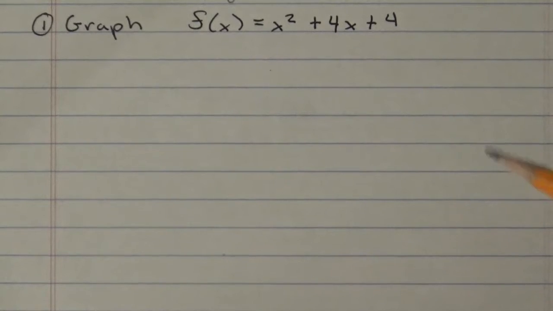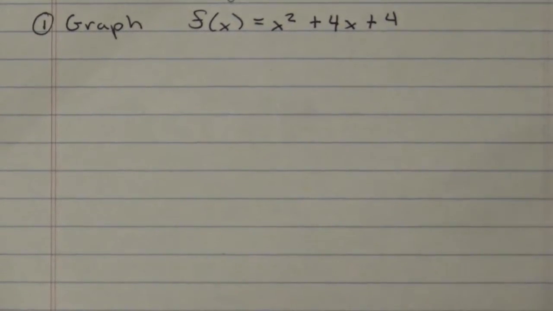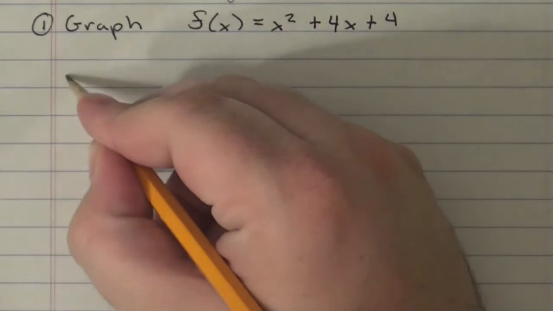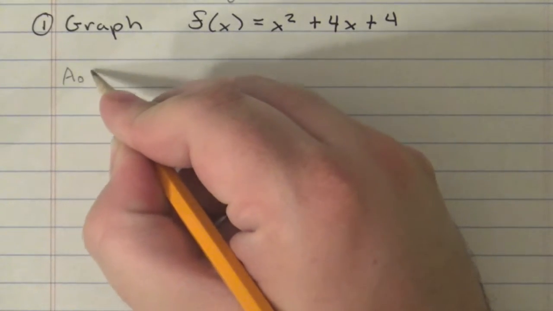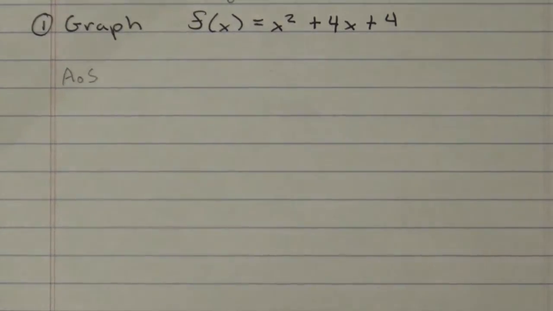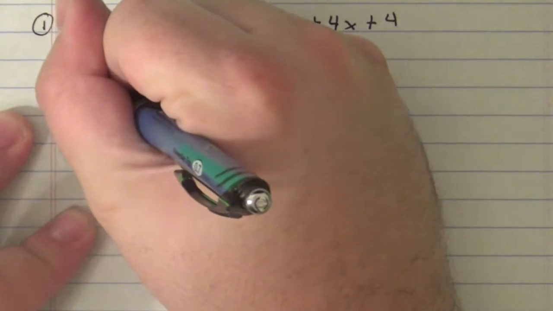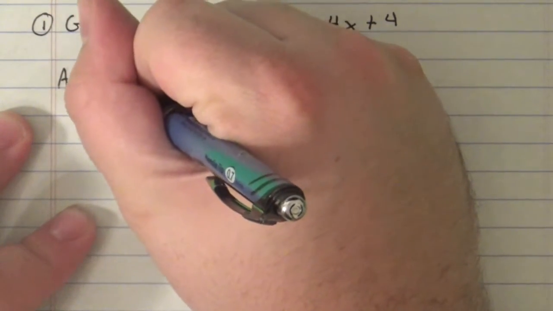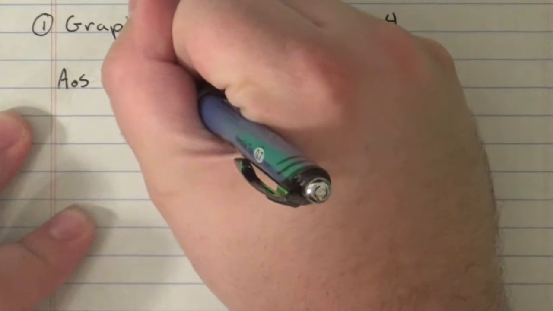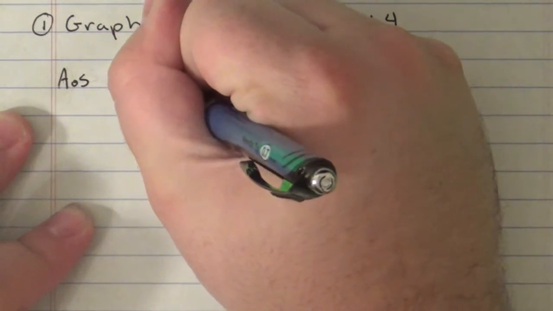One of the first things, really the best thing when you go to graph an equation, is to find the axis of symmetry. All right, so our axis of symmetry, we're just going to say AOS. That's too light. Let's go ahead and use an actual pen. Here we go, black. The axis of symmetry, and I told you to find that, it's x is equal to negative b over 2a.